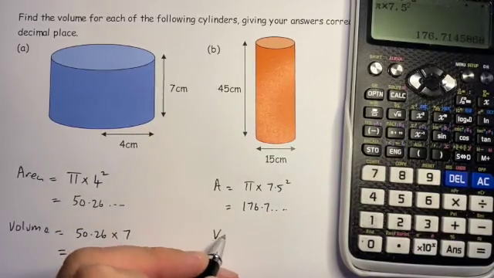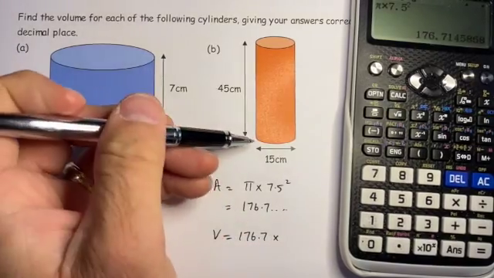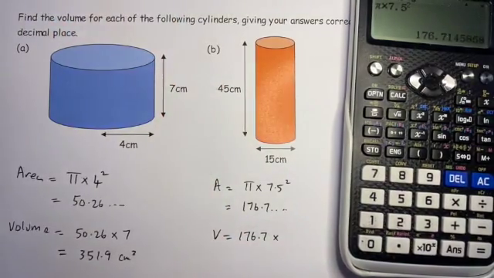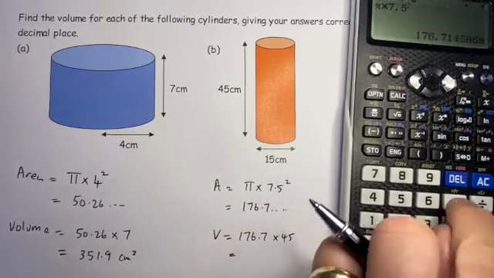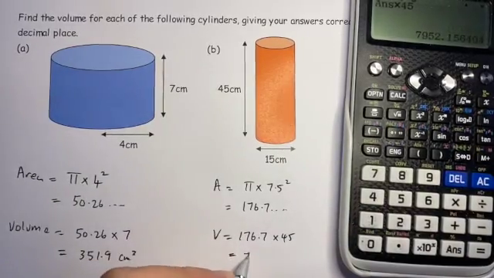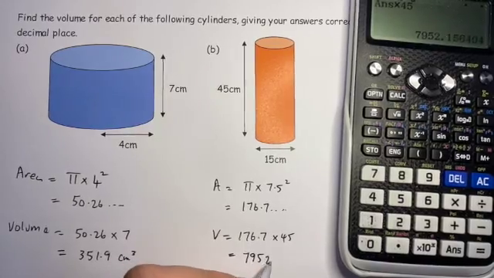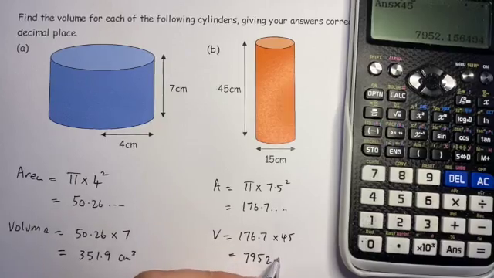And so the volume is equal to what I've just said, times by the length of that solid, which is 45. So I times that by 45, and again, to one decimal place, I get 7,952.1, but again, I'm cutting a 5 off, so that 1 becomes a 2 centimetre cubes.